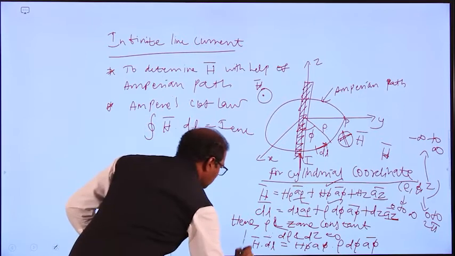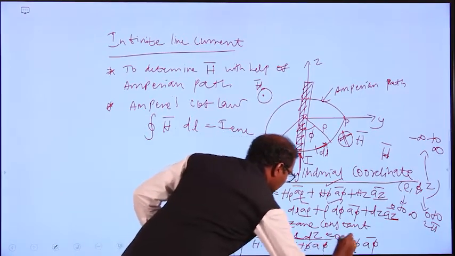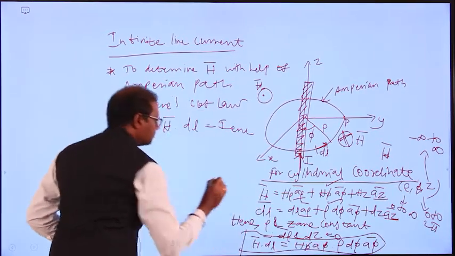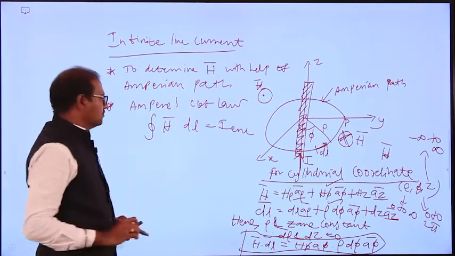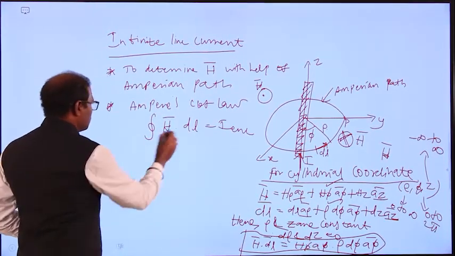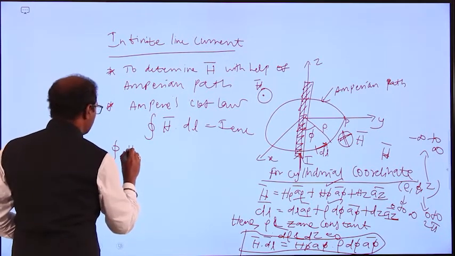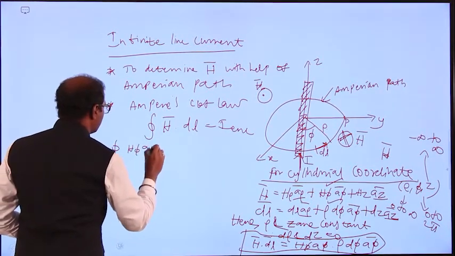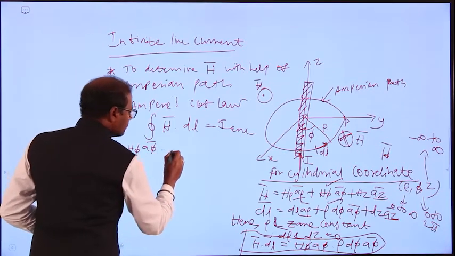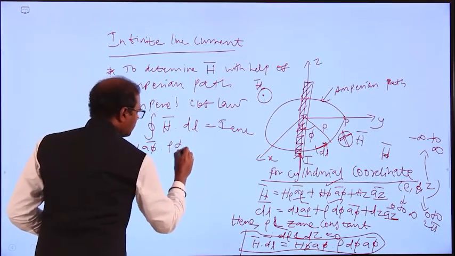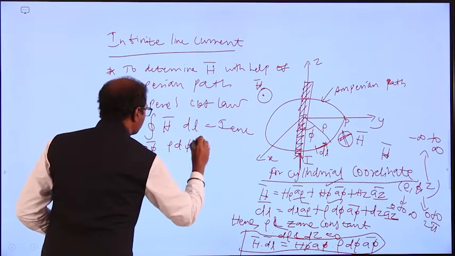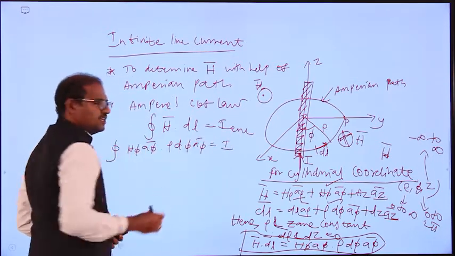So this is what we get for H dot dl. Now substitute over there. So closed loop integral of H phi a phi dot rho d phi a phi, we can call this equal to I enclosed.